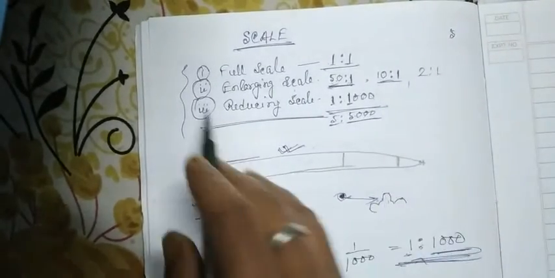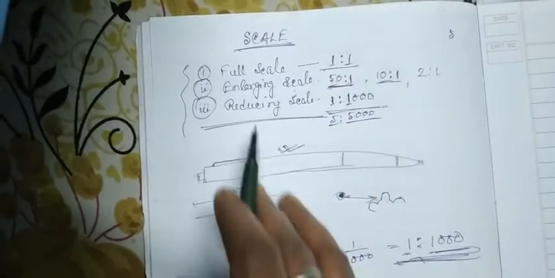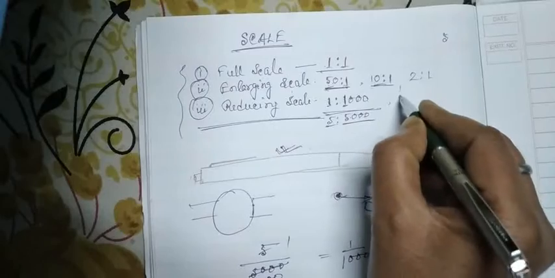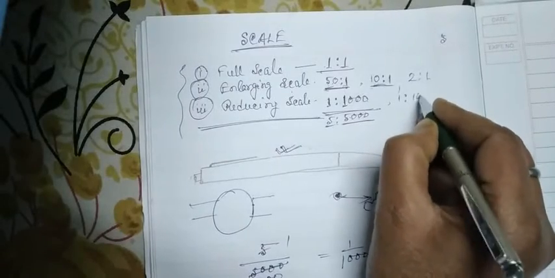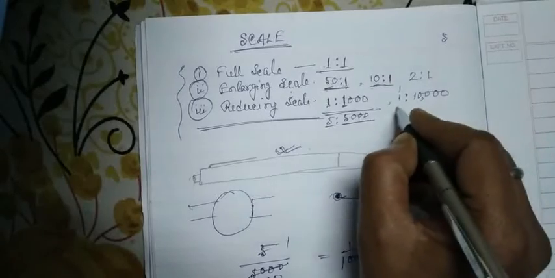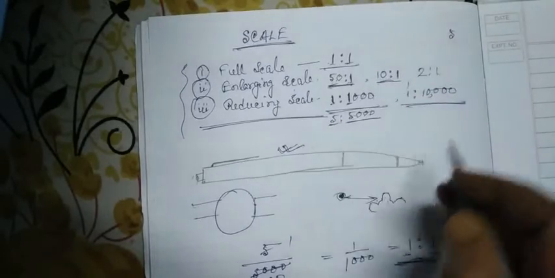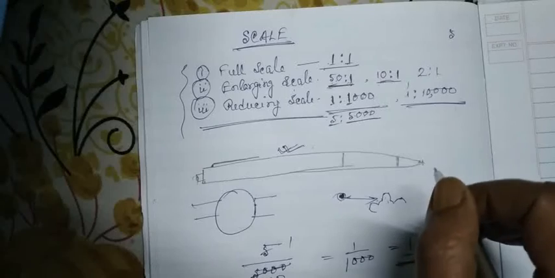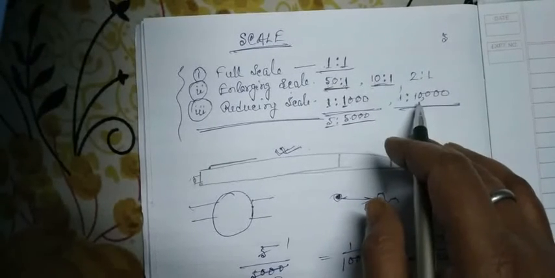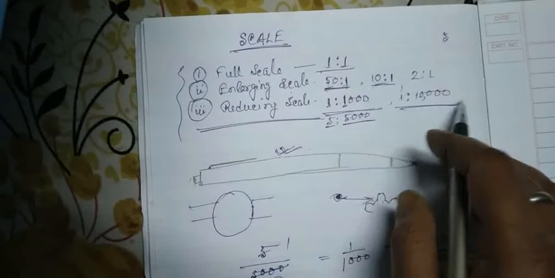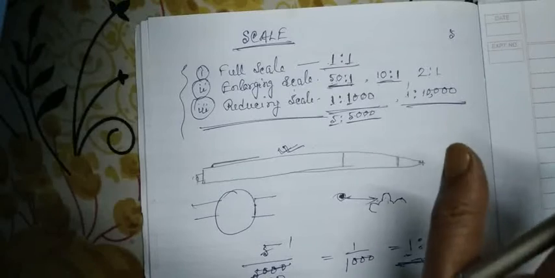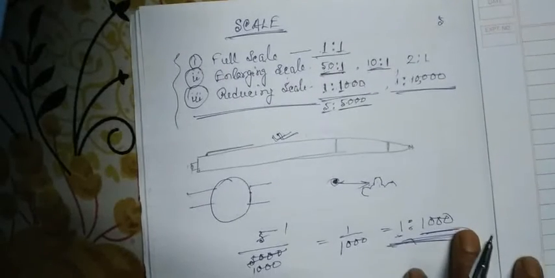Another one is reducing scale, that is 1 is to 1000, 1 is to 10,000. If we reduce the original size by 10,000 times, the ratio is 1 is to 10,000. It means we are dividing the original size by 10,000, and we get the drawing size. Understand?